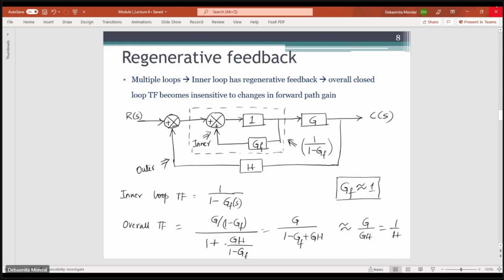So even though we are using a positive feedback system, it results in a system such that the output becomes insensitive to any variation in G(s). These are mostly the different applications and advantages of using a feedback mechanism in a closed loop system.